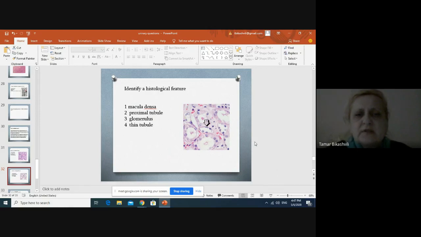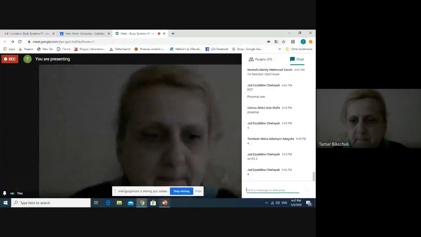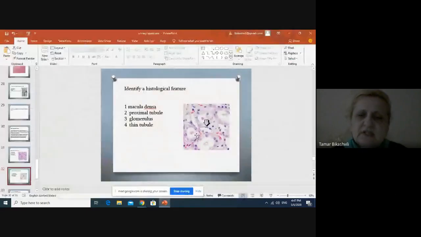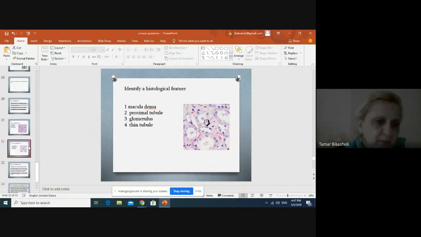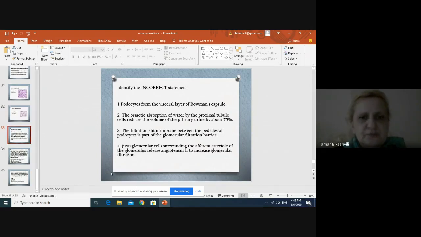Macula densa, proximal tubule, glomerulus, or thin tubule? This is a thin tubule. Yes, usually such tubules with very thin, elongated nuclei are tubules of the loop of Henle. Okay, last 3 questions and I'll finish.